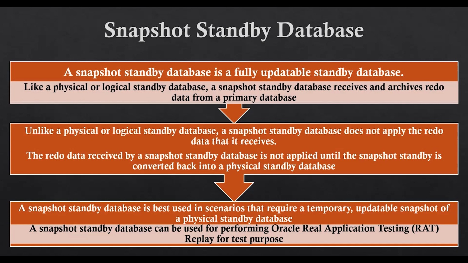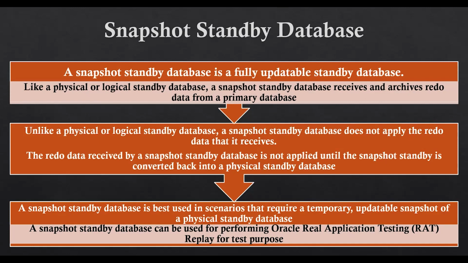Like a physical or logical standby database, a snapshot standby database receives and archives redo data from the primary side, but unlike the physical or logical standby database, where you apply those changes from the production, on a snapshot standby database this does not happen. All the archives will be received, but they will not be applied until you switch back to your physical standby database.